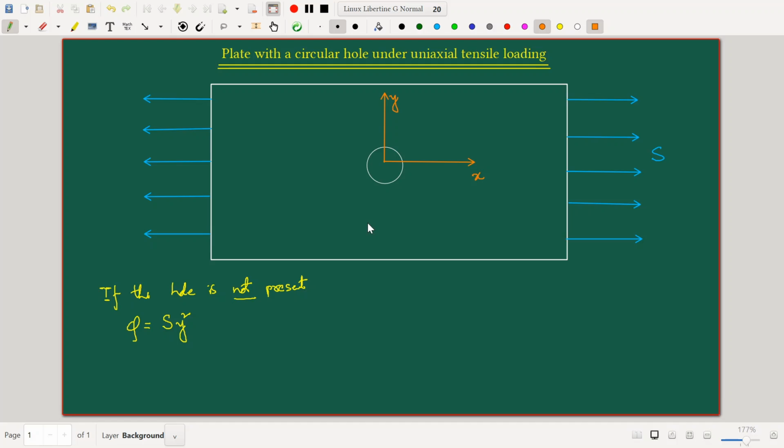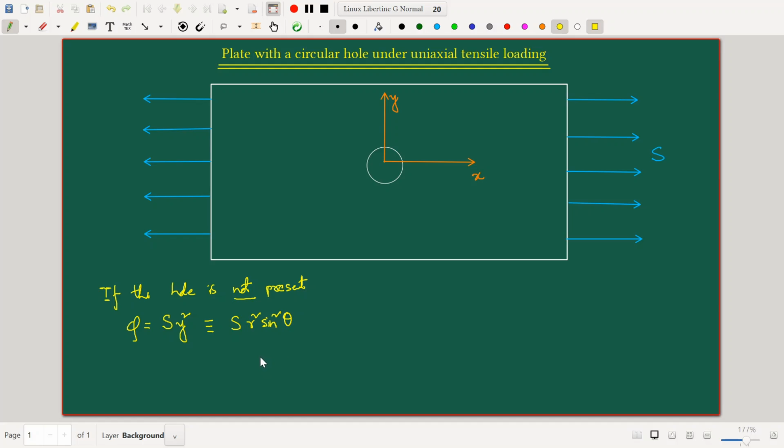And you may be thinking that we were discussing 2D elasticity under polar coordinates. Why have we reverted back to this xy system? It's not like that. We'll soon be converting this, in the very next step, to the polar coordinate system. So if you do that, we know that y is equal to r sine theta in the corresponding polar coordinate system. So this is absolutely equivalent to half s r square sine square theta.